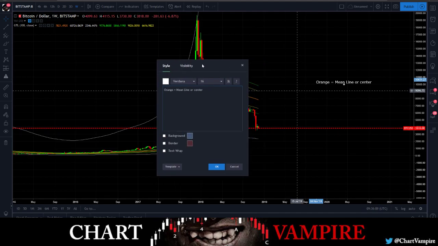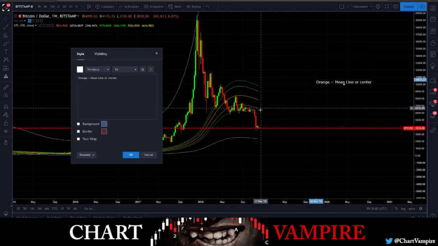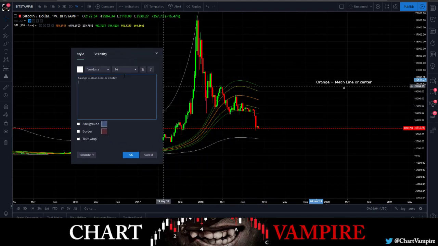Then as you move downward, right, this yellow and green, so the lower yellow equals L1 or low 1, okay?